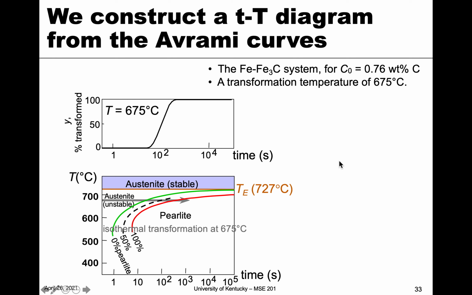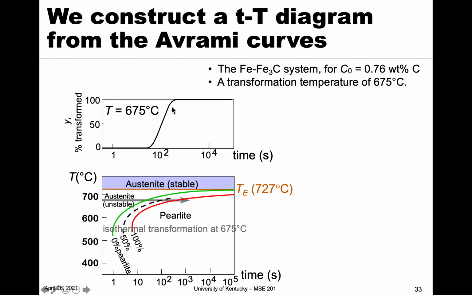So we're going to look at the iron-carbide system with the alloy composition of 0.76 weight percent carbon, which you'll remember is the eutectoid. And here we're specifically looking at a transformation temperature of 675. We can construct an Avrami curve at 675 where we have y, the percent transformed, on the y-axis, so it's 0 to 100, and then time in log seconds on the x-axis.